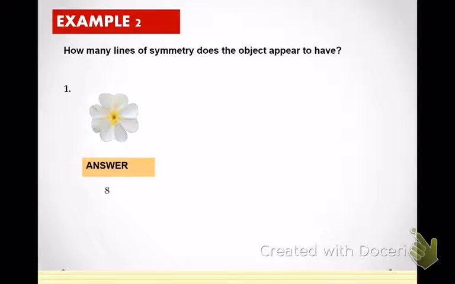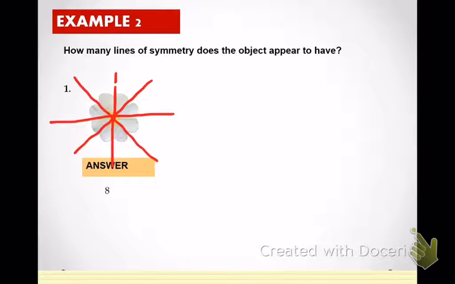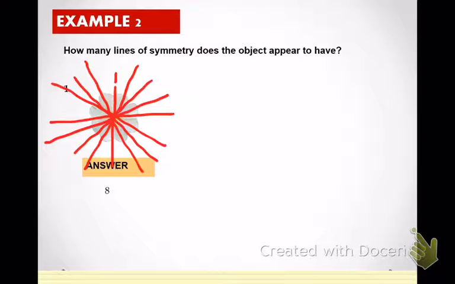So we've got this one, that line, there's 2, then we've got 3, and 4. Then 5, 6, 7, 8 lines of symmetry.